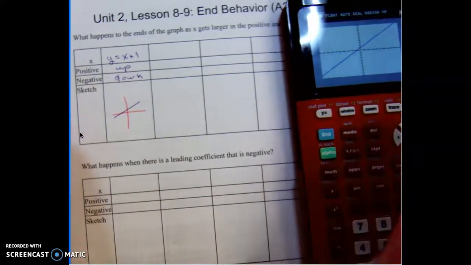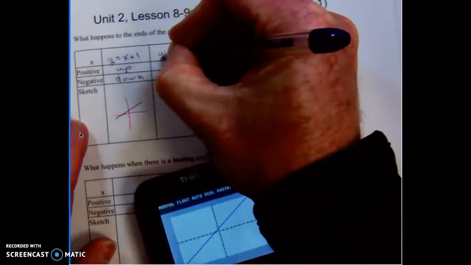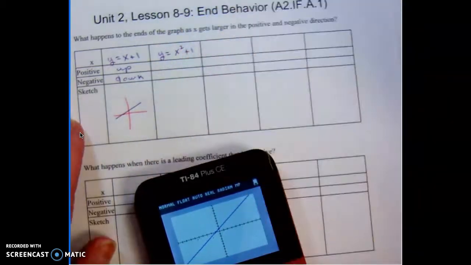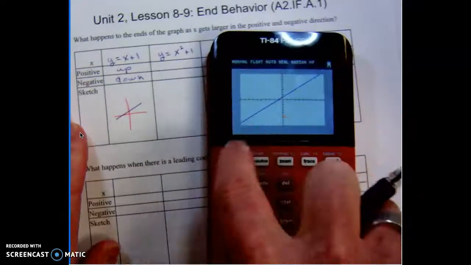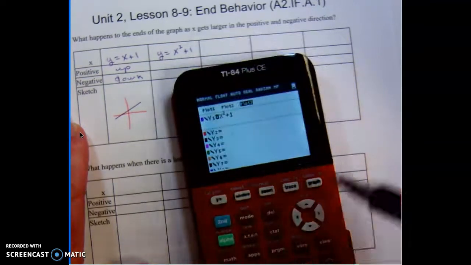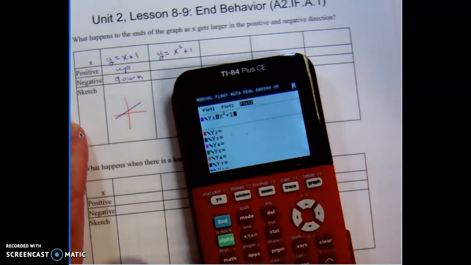Okay? Now, our next question then is, what happens if we have y equals x squared plus 1? That exponent gets bigger. So we're going to try that. So x squared plus 1. So again, we're going to expect it to cross at y equals 1, because that's our constant. And let's hit graph.